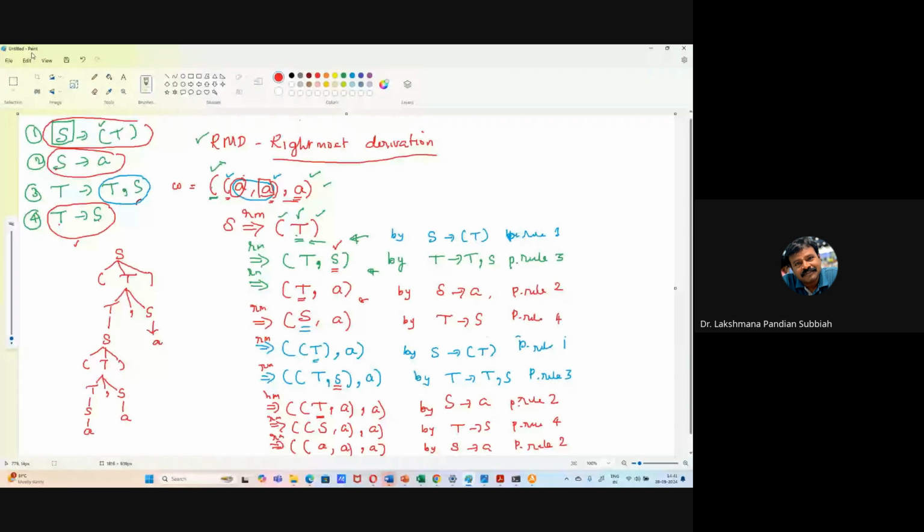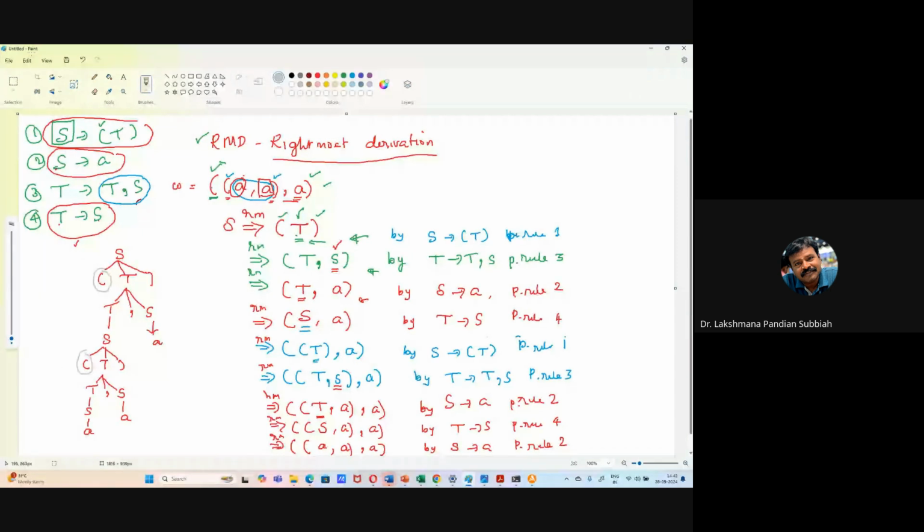The leaves to root, we collect it, right? Those we are collecting now. That one is open bracket, open bracket. So left to right, leaves you have to collect, right?